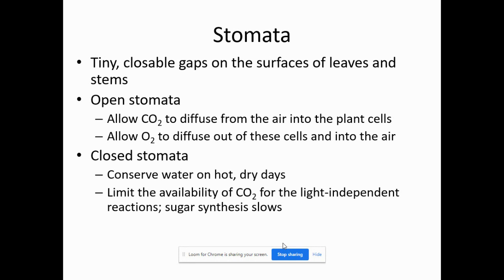So now we're going to finish talking about how some plants do photosynthesis differently. And to talk about that, we need to talk about the structure of leaves. Stomata are tiny closable gaps on the surfaces of leaves and stems on a plant.